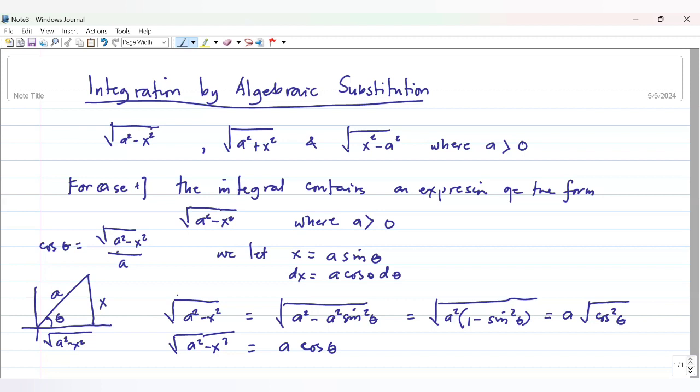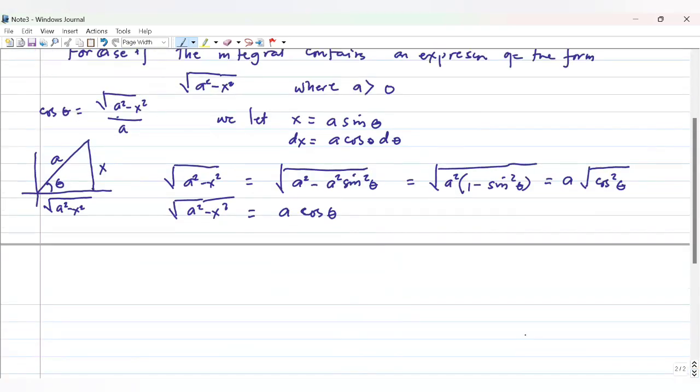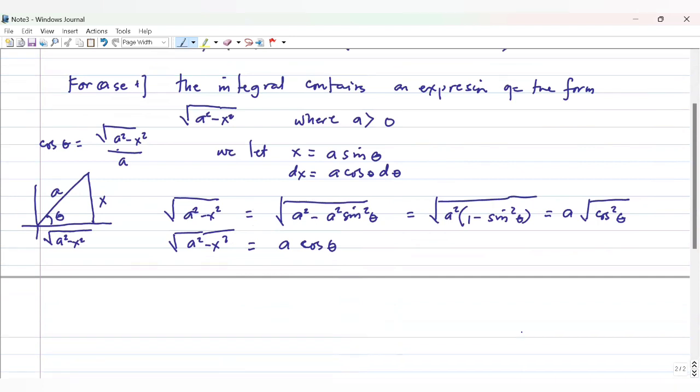Okay, so let's have one example applying this formula. Example number 1: we have to evaluate the integral of the square root of 9 minus x squared over x squared dx.